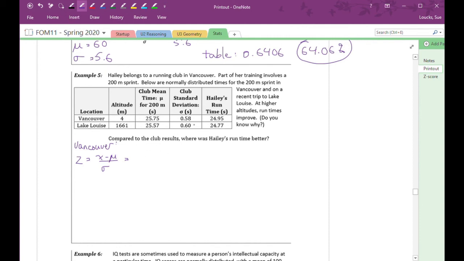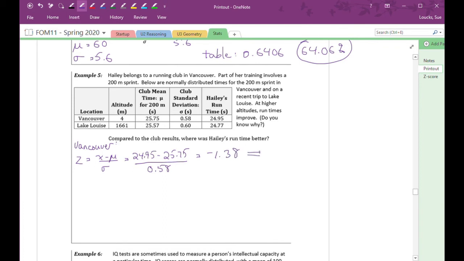is her run time is the x, so that's 24.95 minus the mean, which was 25.75, divided by the standard deviation at that place, which is 0.58. So she gets a z-score of negative 1.38.